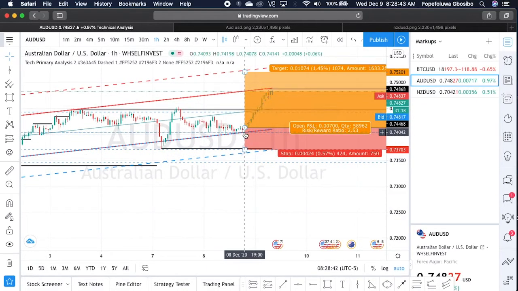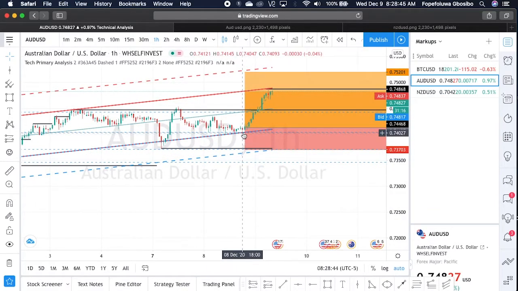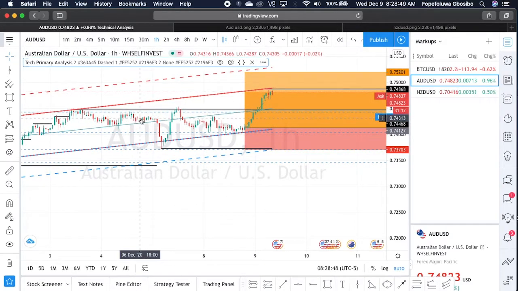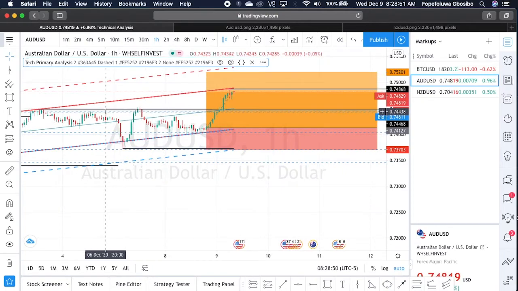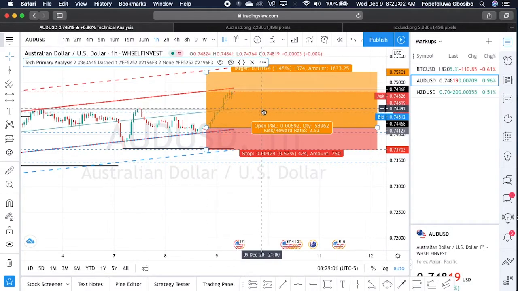Same thing, I got it when it touched the trend line, and as you can see, since it was having a major resistance over here, I just made that my TP. A major rejection, that's a black line, and a dash line just means that's a strong zone. So that's a point you want to take some of your TPs.